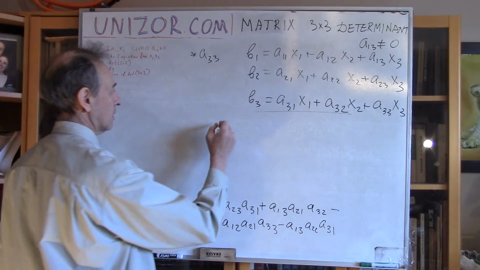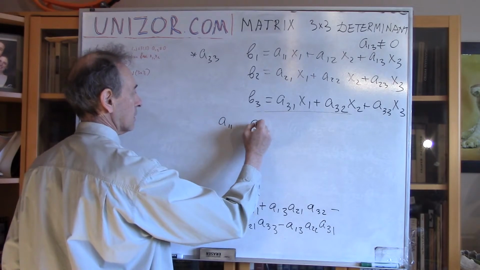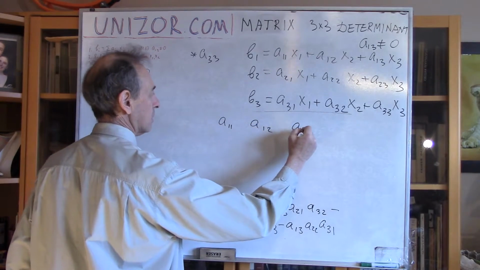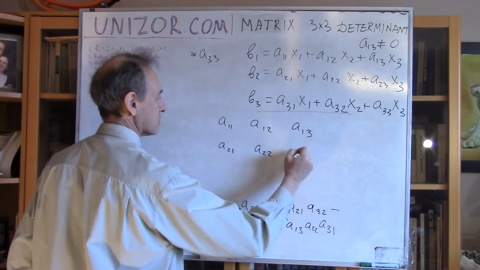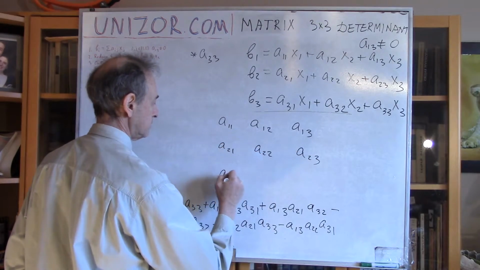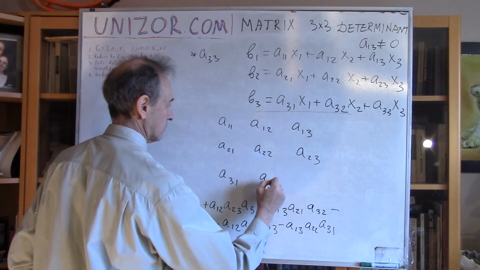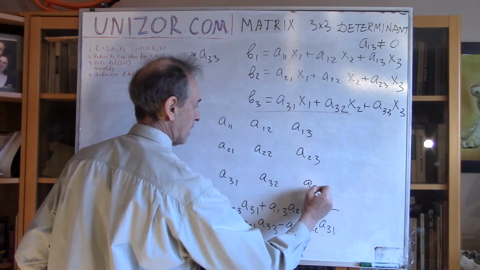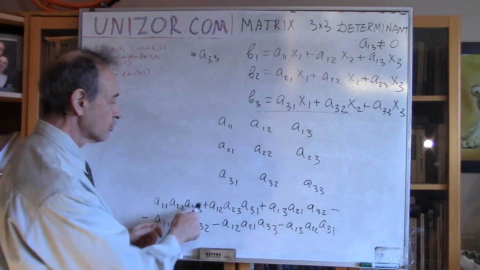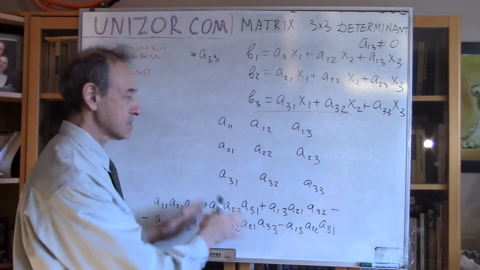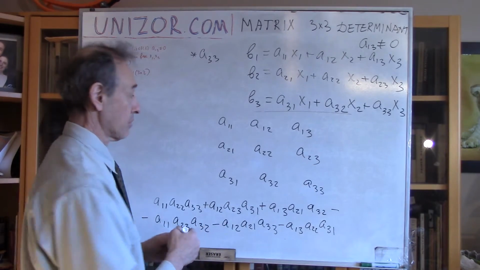Now, let's put it in perspective. This is a matrix of coefficients. The interesting thing is, I actually do remember this formula by heart. I'll just show you how I remember it.